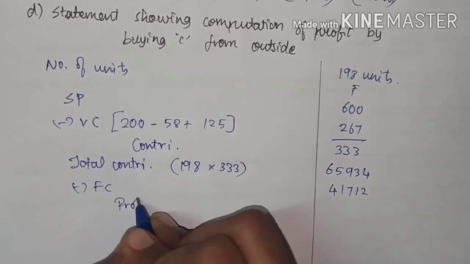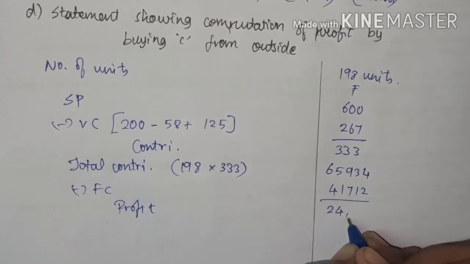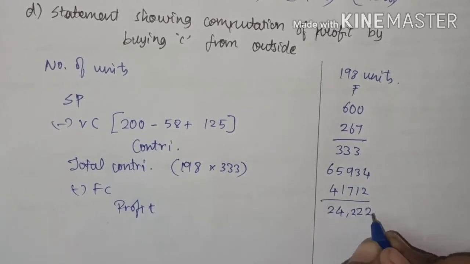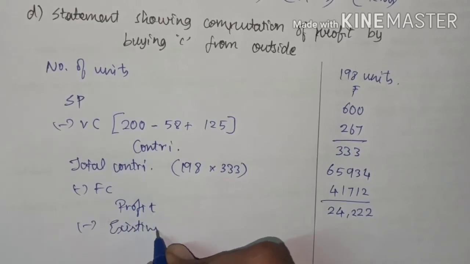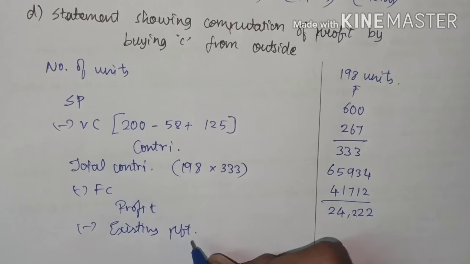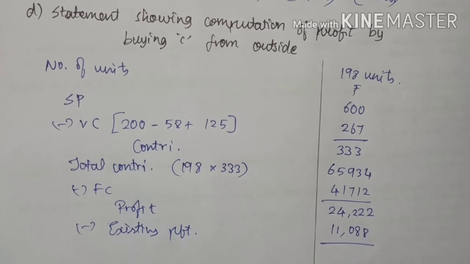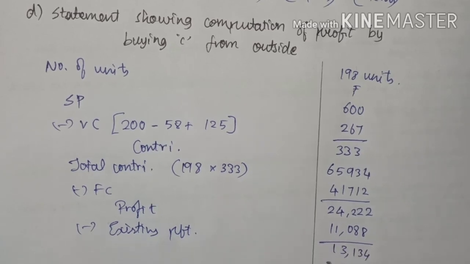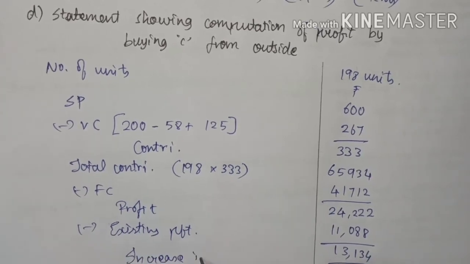Next one is profit, 24,222, and the existing profit that we have calculated is 11,088. Increase in profit is 13,134.